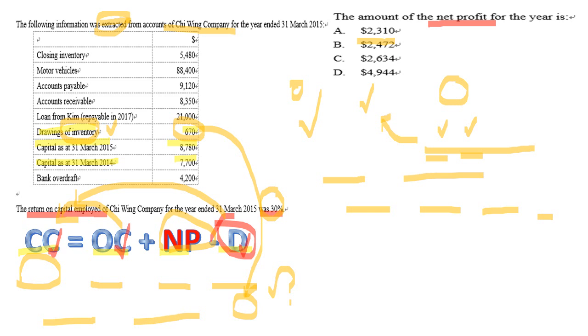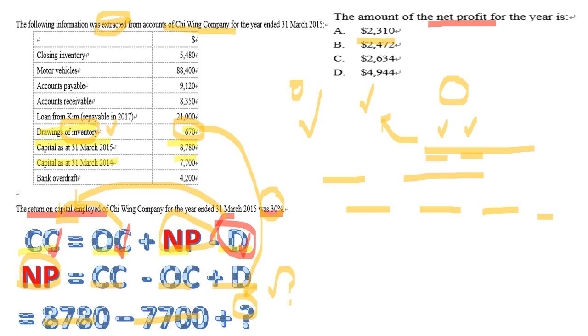So we should try our best to see if we can calculate or not. Let us look at this. First of all, we see if it can help us to calculate net profit. Let us change it into this: net profit, we keep it here, and we put all those figures to the left.